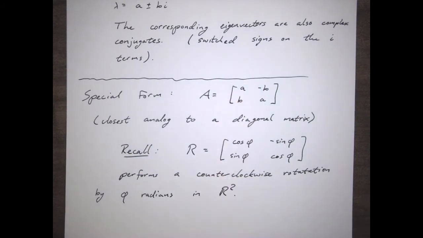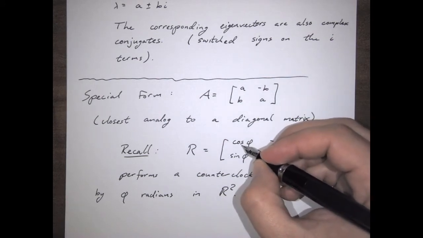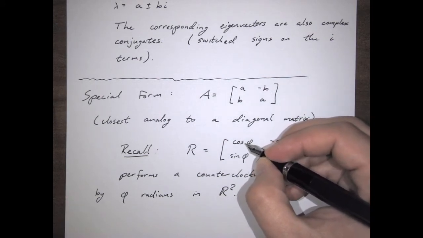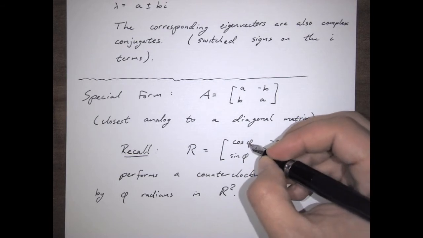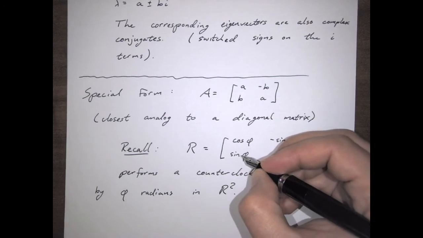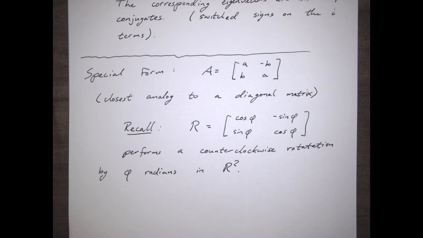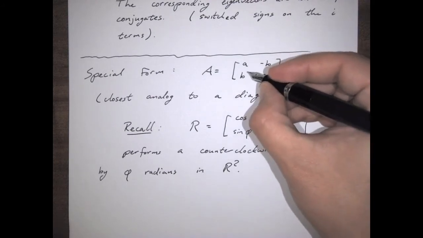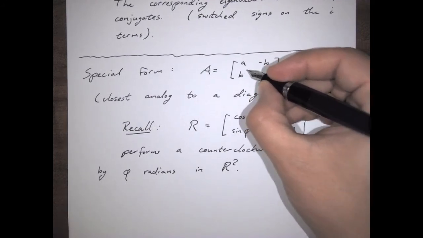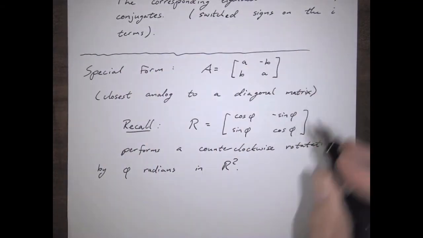Now this and this have a very, very close similarity to each other. The difference is, though, that these are automatically going to have a certain Pythagorean relationship with each other. Namely, this squared plus this squared has to equal 1 in order for these to correspond to the angles on a unit circle. So a squared plus b squared may or may not equal 1, just according to this special form, but we would like them to.